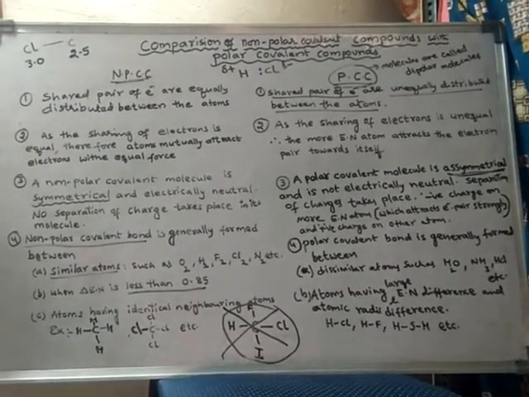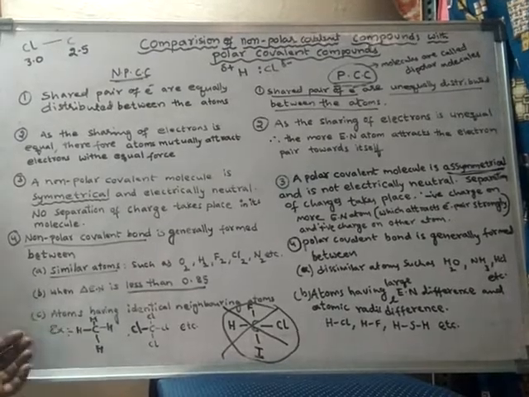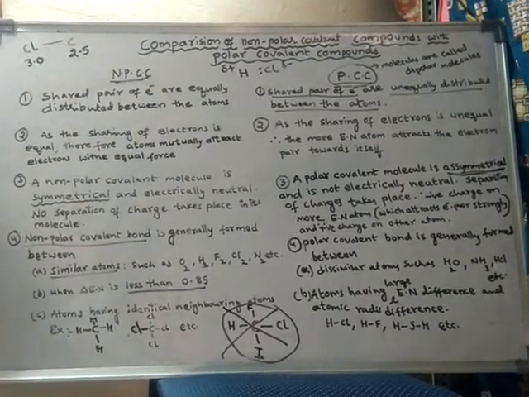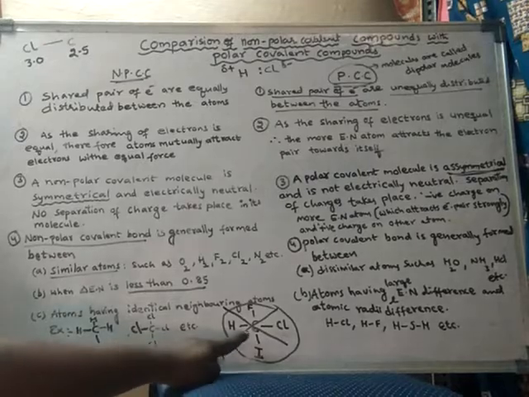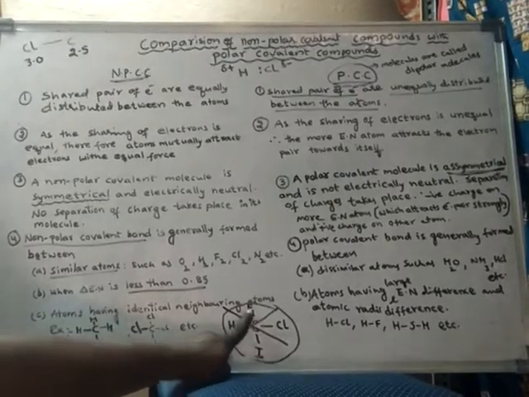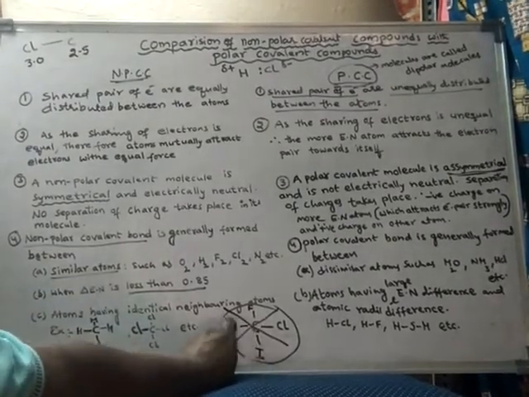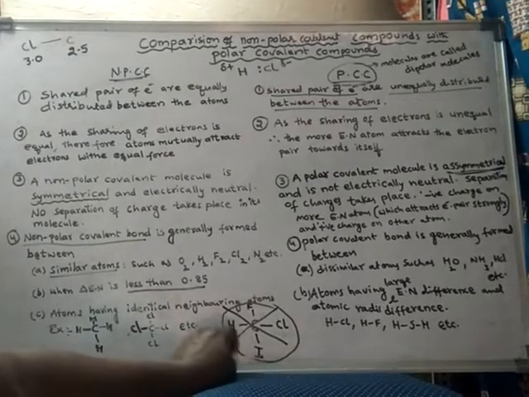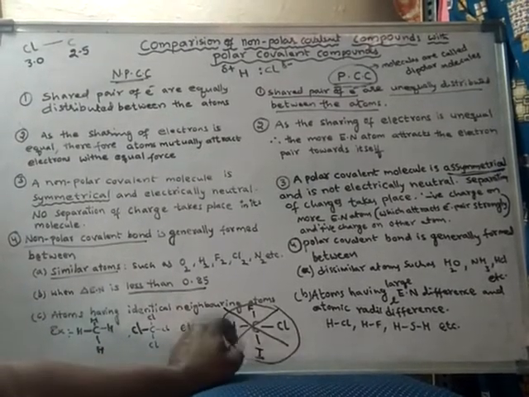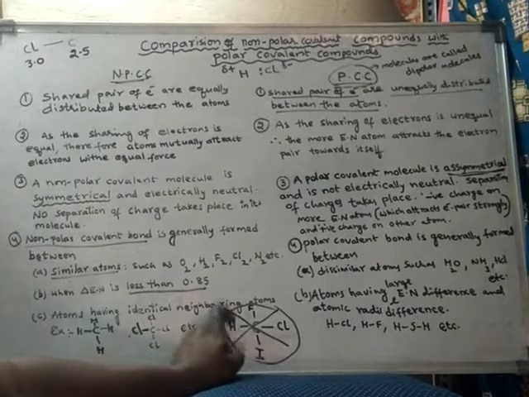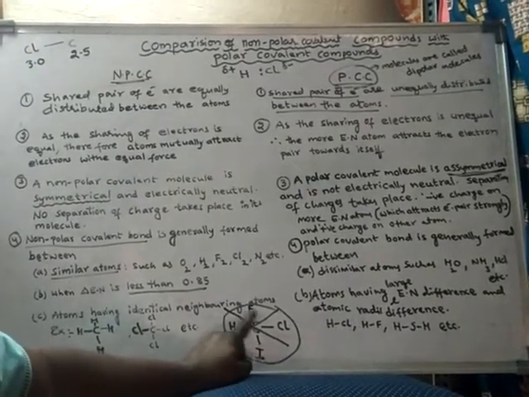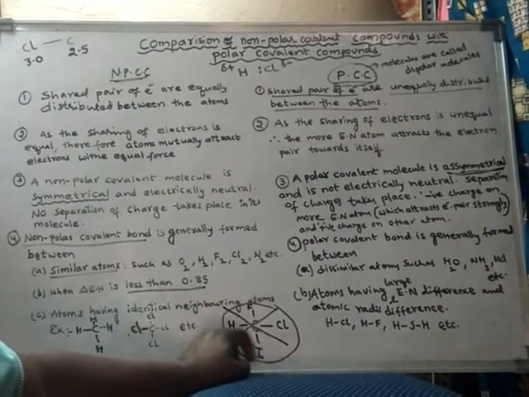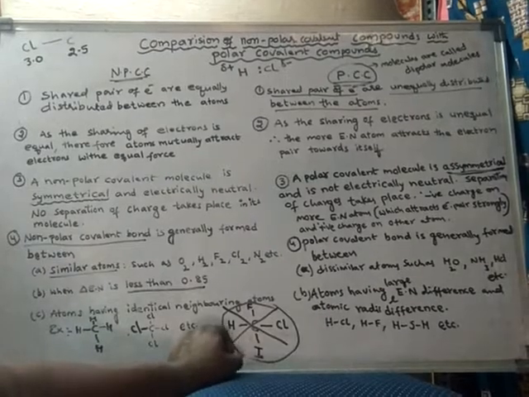In that case, a non-polar covalent bond is formed. In this case, carbon has neighboring atoms but not identical neighboring atoms. Hence, the bond formed is not a non-polar covalent bond. Okay, so like this.